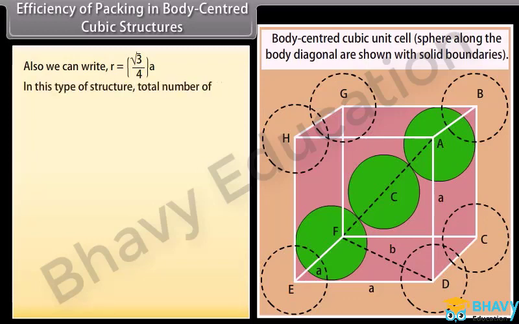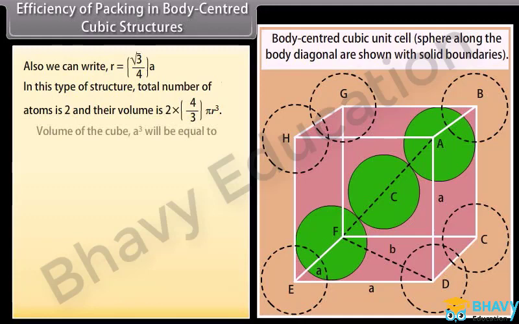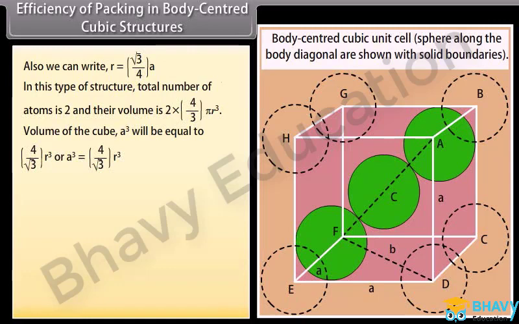In this type of structure, total number of atoms is 2 and their volume is 2 into 4/3 πr cube. Volume of the cube, a cube, will be equal to (4/√3 r) cube.